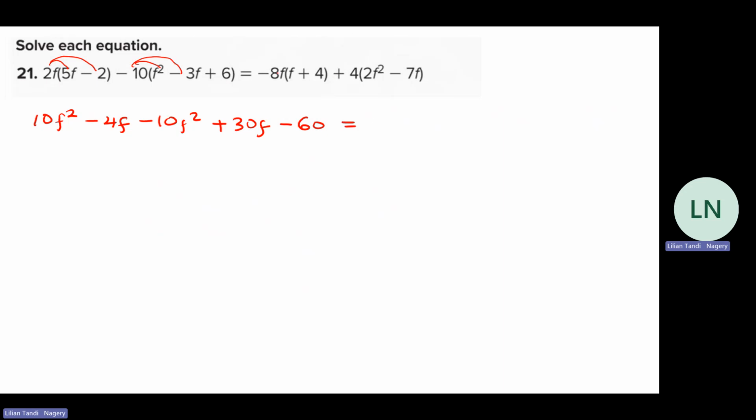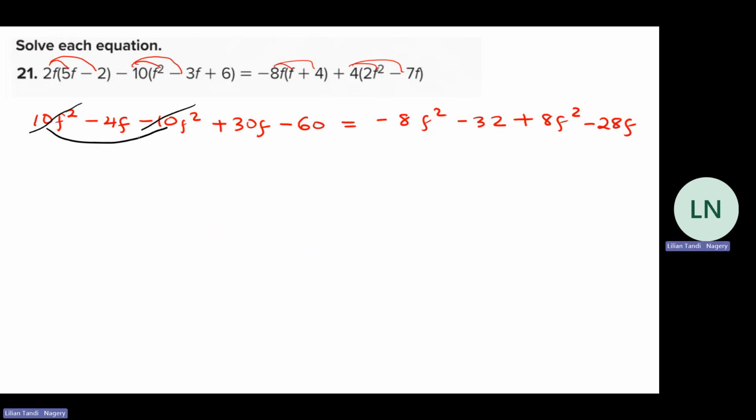Then here I have this, this, this. Negative 8f squared, negative 32, positive 8f squared, negative 28f. Okay. 0.